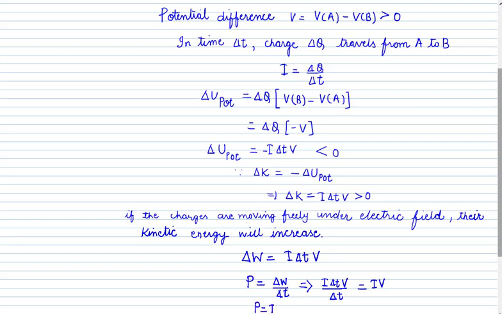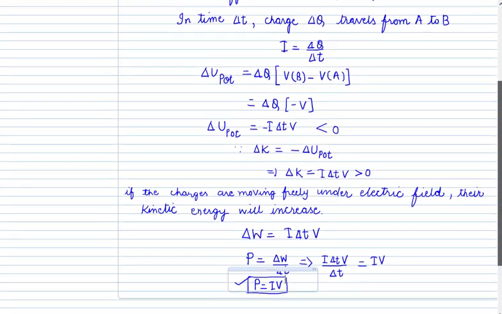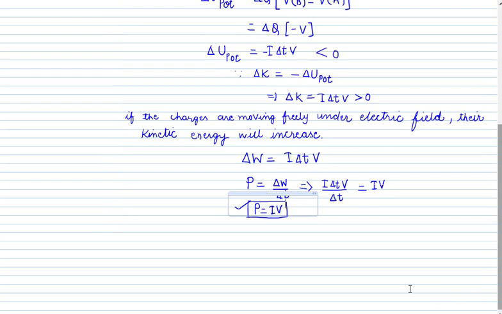This is a very simple formula, but it is very, very important for all of your numericals. You will have many numericals based on this formula. P is equal to IV. Always keep it in your tips that whenever you are calculating the electric power, it is I into V. And what is our Ohm's law?